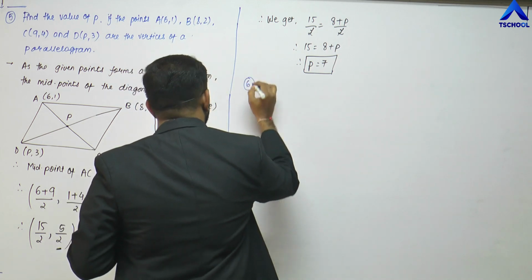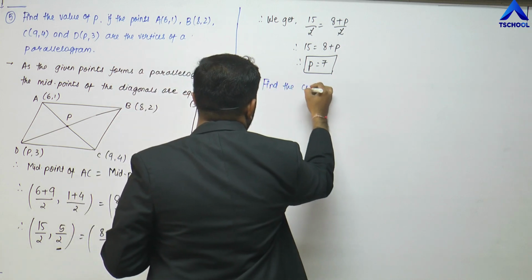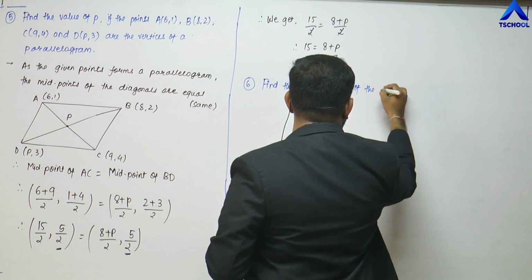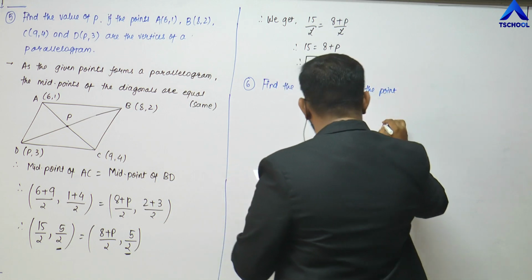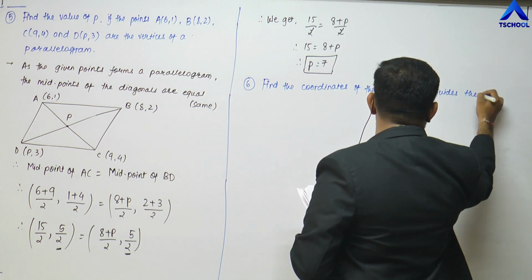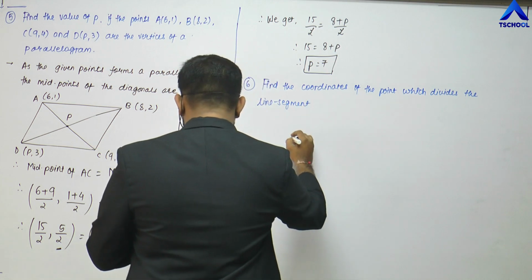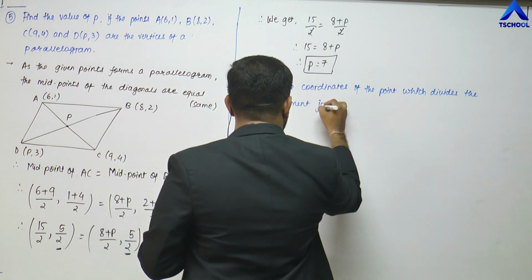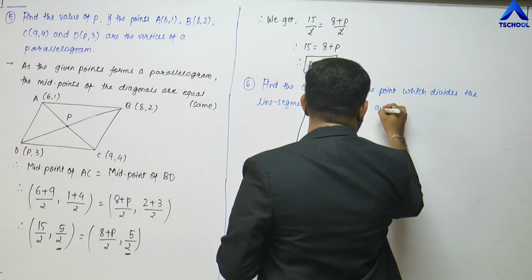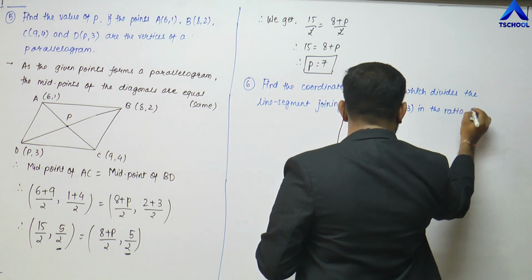Again we shall start with the concepts: find the coordinates of the point which divides the line segment joining (-1, 7) and (4, -3) in the ratio 2:3.